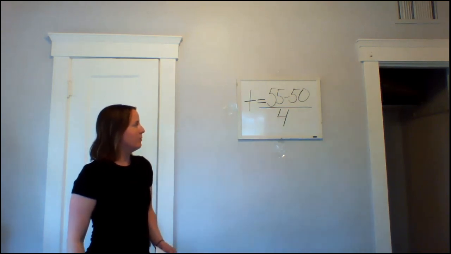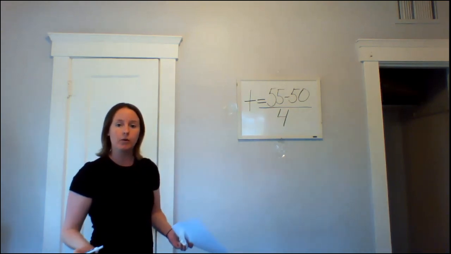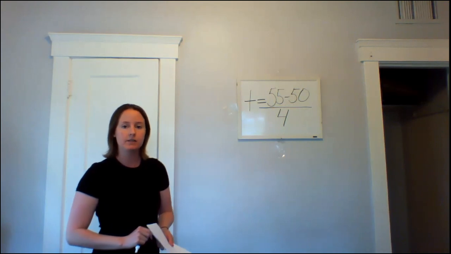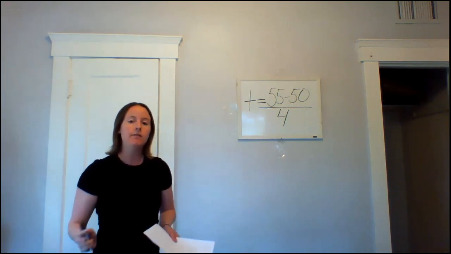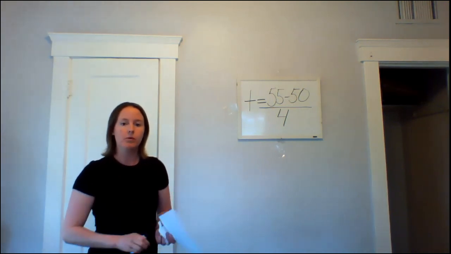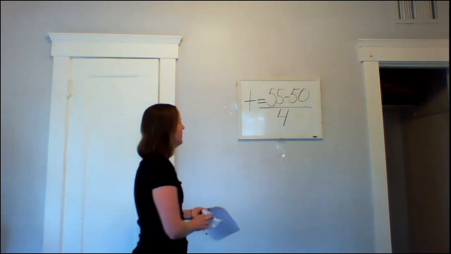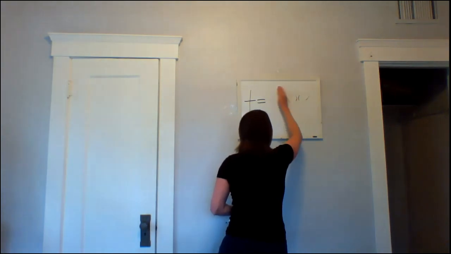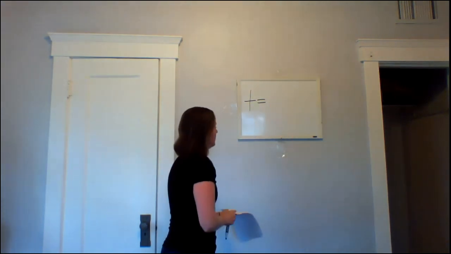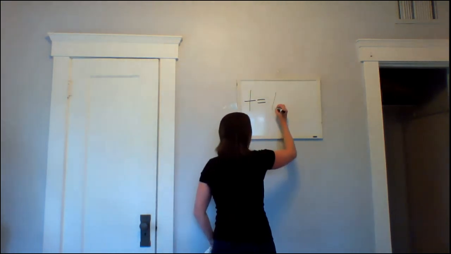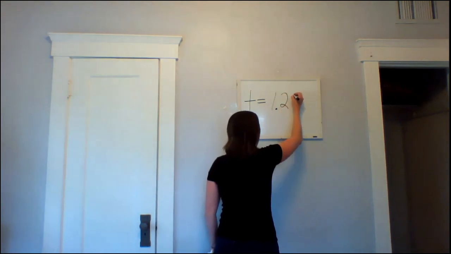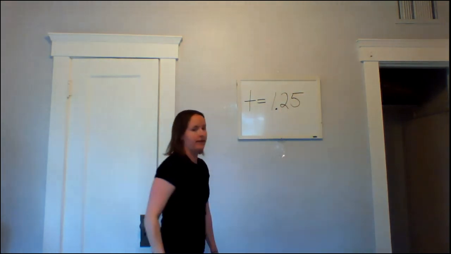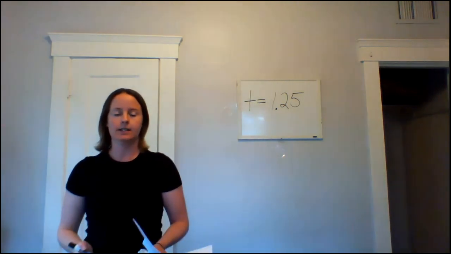So we end up with 5 over 4. 55 minus 50 is 5. 5 over 4 is 1.25. So t is equal to 1.25. That's our sample t statistic.